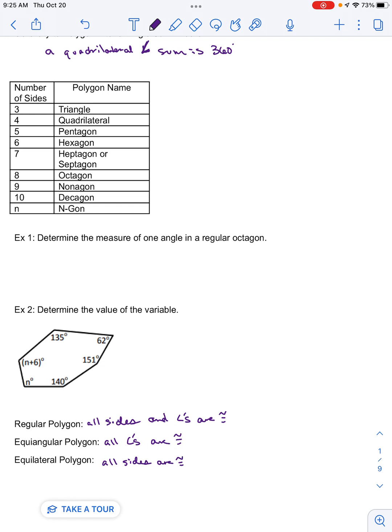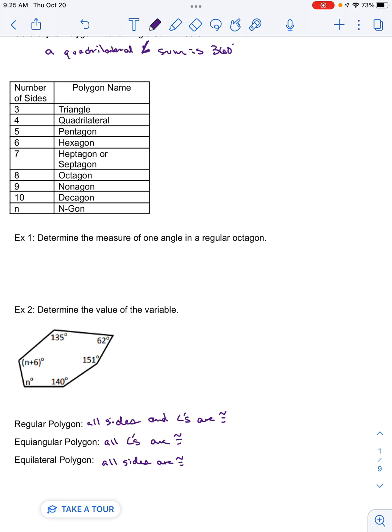So the nice thing is a regular polygon has all angles and all sides congruent, so it's like a perfect one. If you have an equilateral polygon, just because the sides are congruent doesn't necessarily mean the angles are all congruent. That's just something to note and take into account.